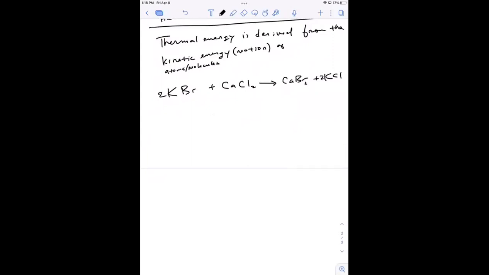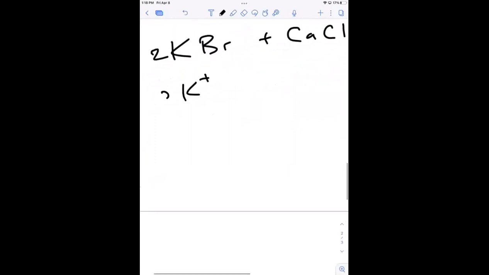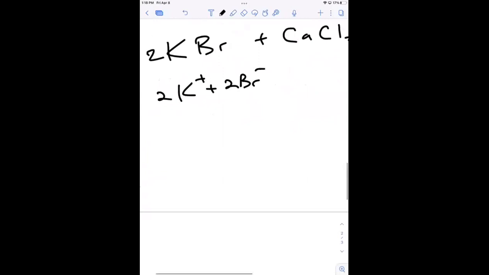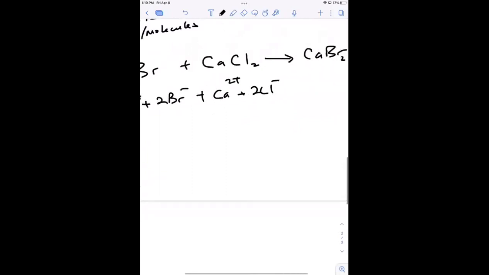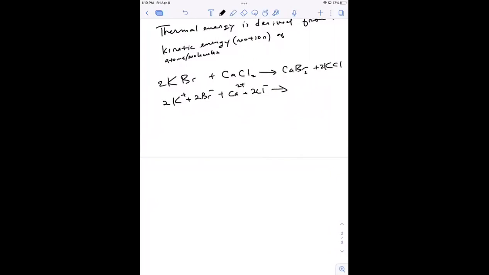But really, if we write this out in ionic form, because this is molecular form, we write it out like this. In order for that reaction to happen, these atoms or ions have to collide and bump into each other at really high rates of speed. If it's all aqueous, they're moving through solution and bumping into each other, and that's how the reactions are actually happening.